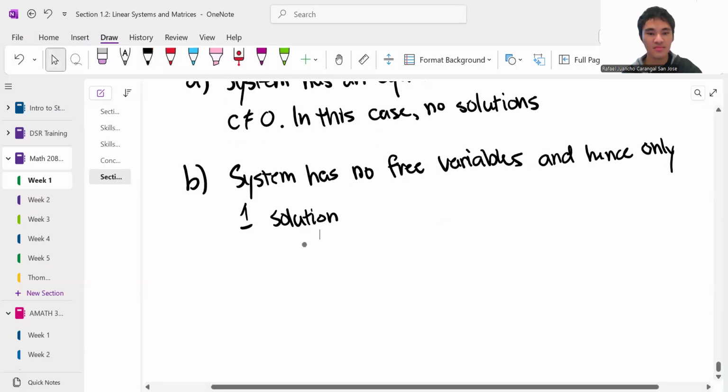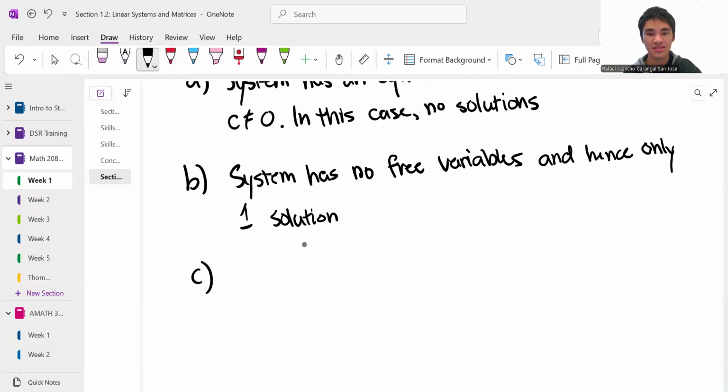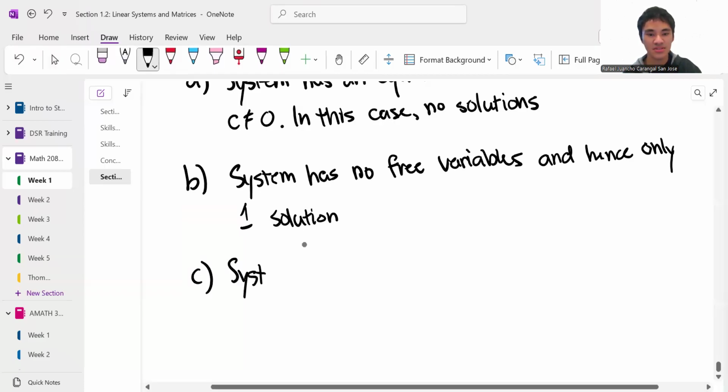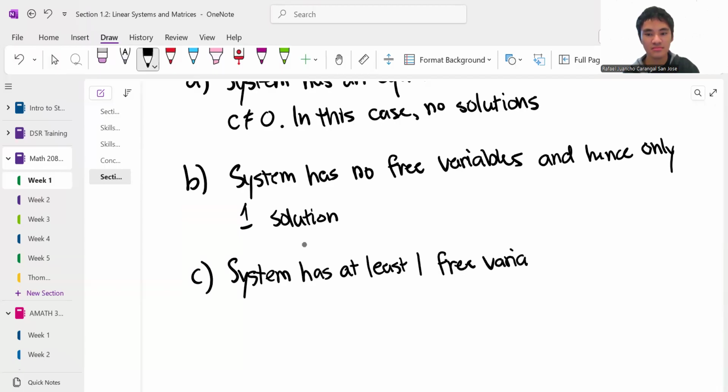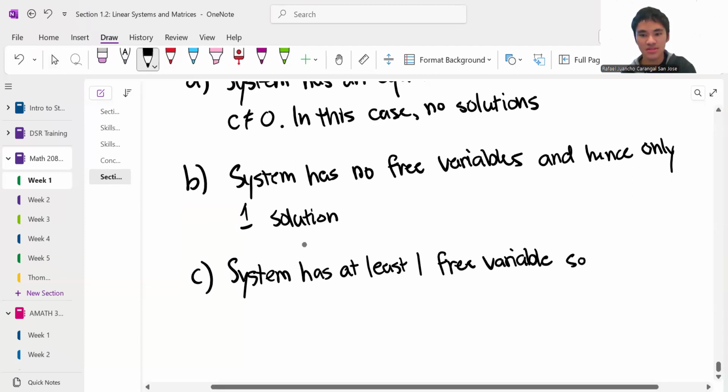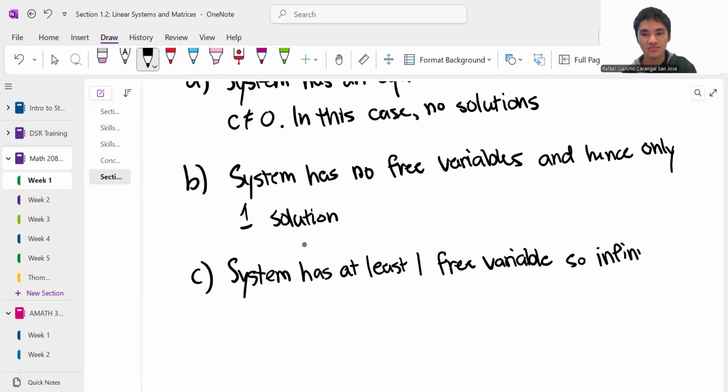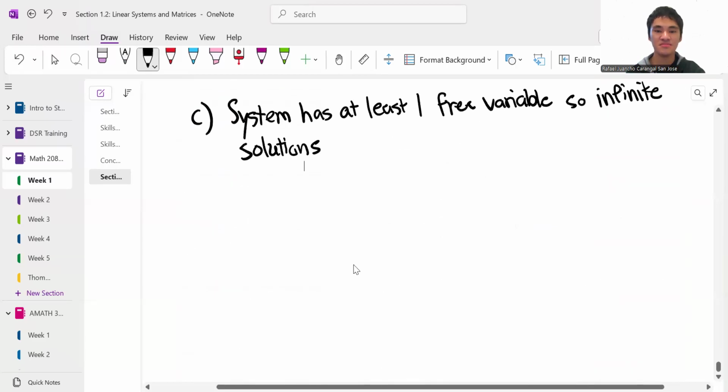Lastly, C, the system has at least one free variable, so infinite solutions. Even one free variable could lead to many solutions. That's how we prove this thing.